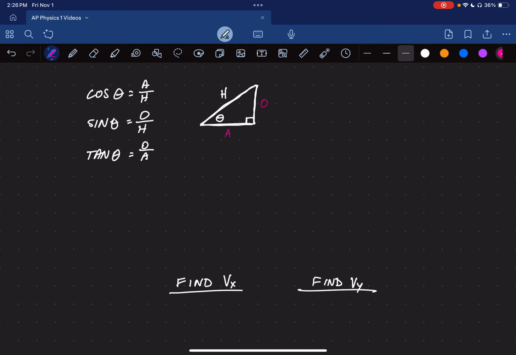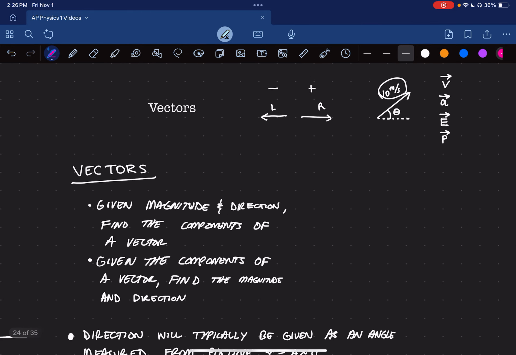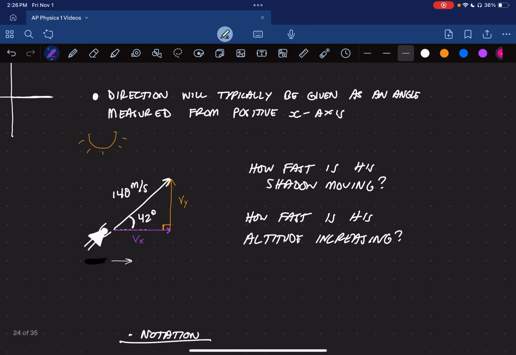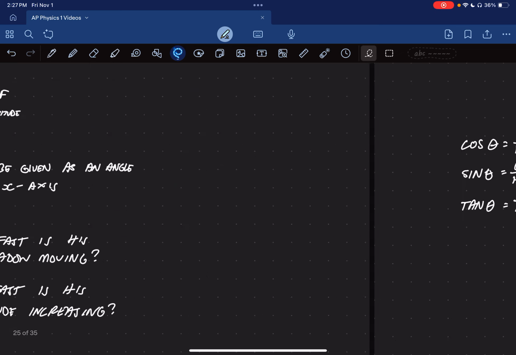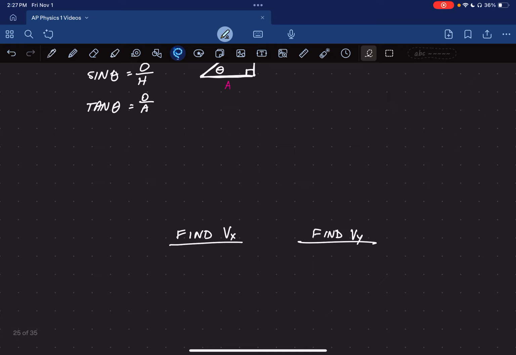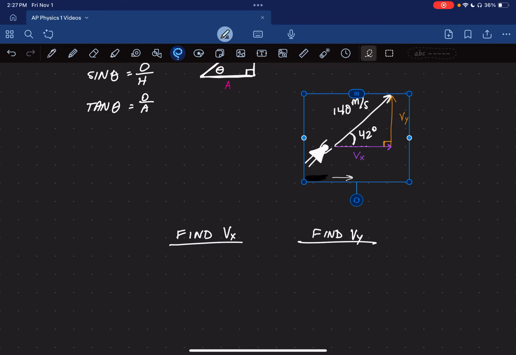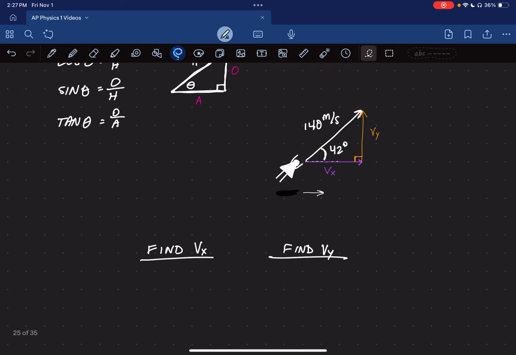So let's come back and let's steal this. I'm going to plop it right here. What we want to do is find the component Vx and the component Vy for Superman.